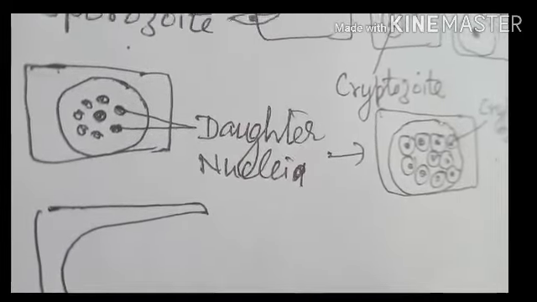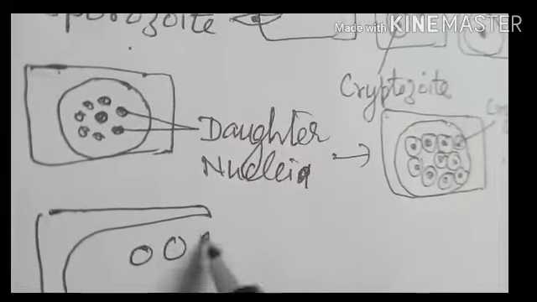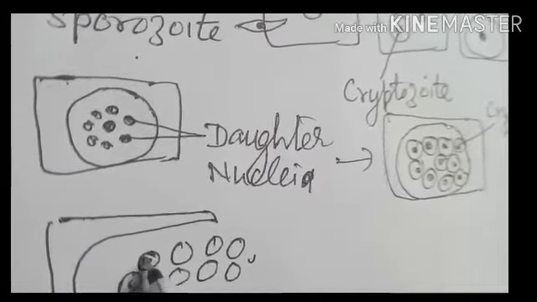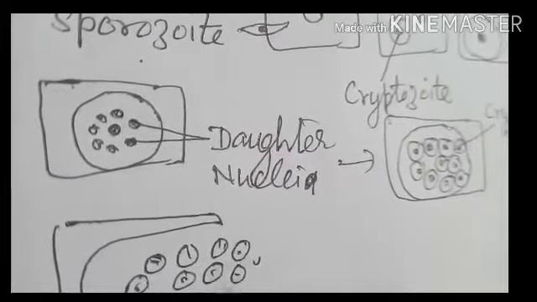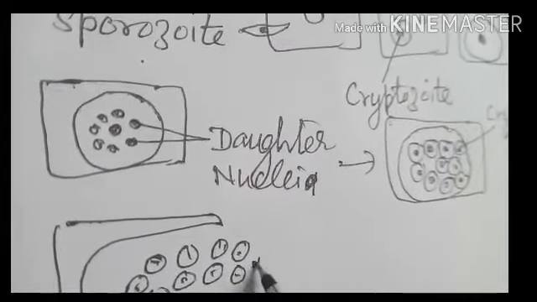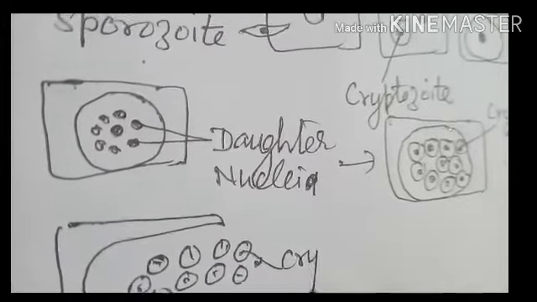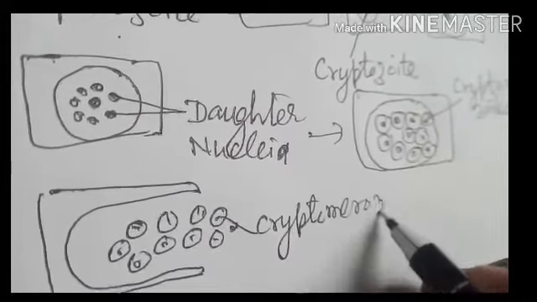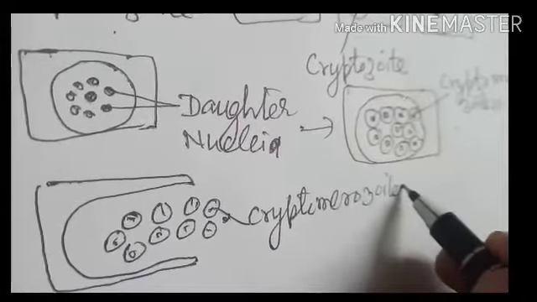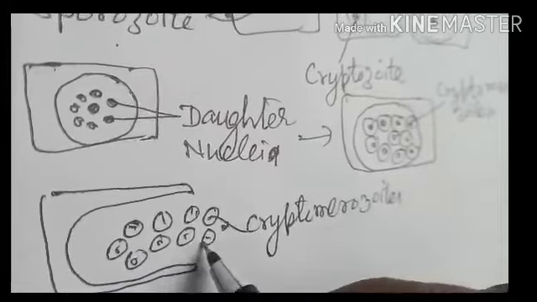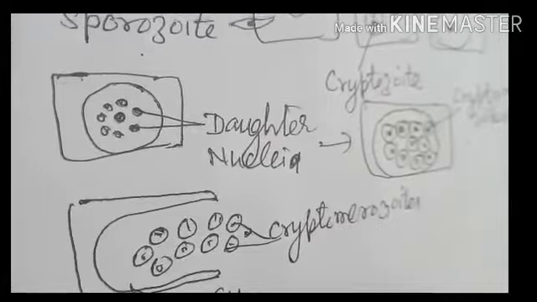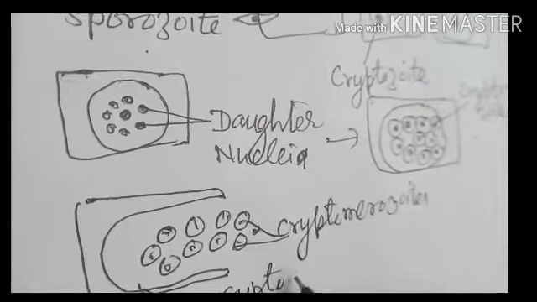and as soon as this structure bursts, the cryptozoites burst, and these cryptomerozoites are liberated into blood. These are the cryptomerozoites, and this structure is the cryptozoite.